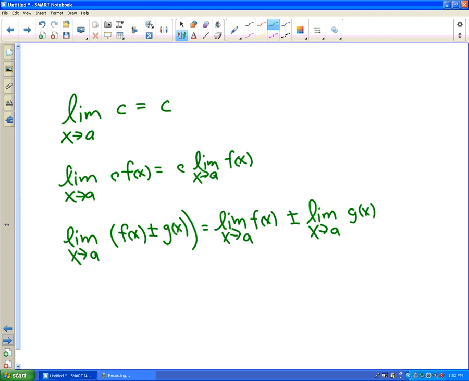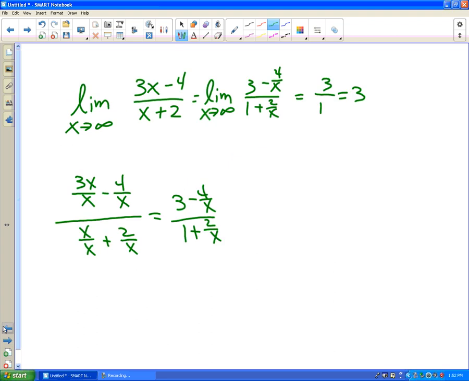And back on the previous page is where we actually applied that. So I kind of put the cart before the horse in a way. Let me go back to the previous page. I'll come back there. Here when I'm taking the limit, here is the addition of two functions.